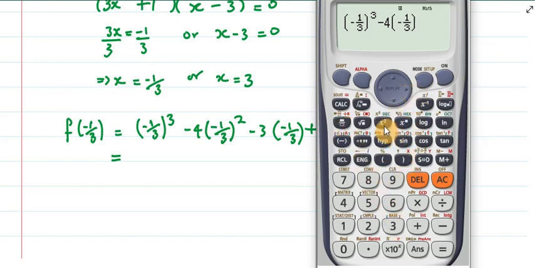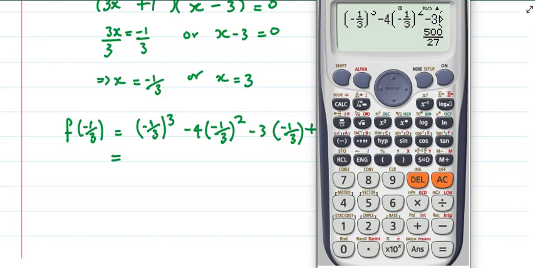Please make sure that you don't forget these brackets, because one mistake, everything can be marked wrong. -1/3.